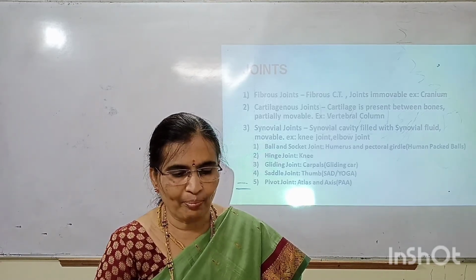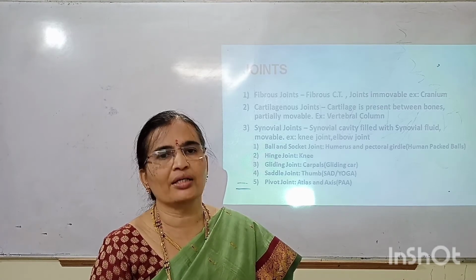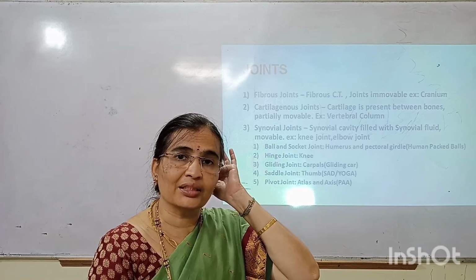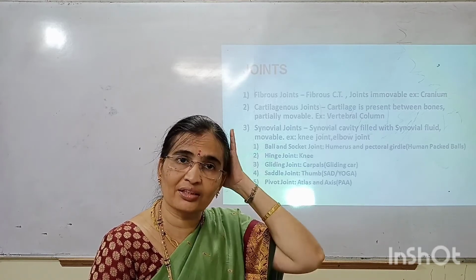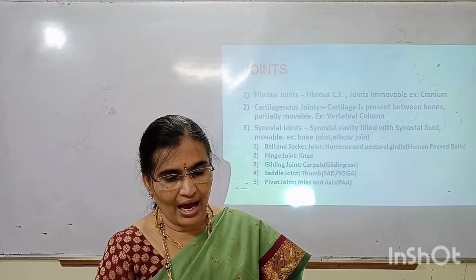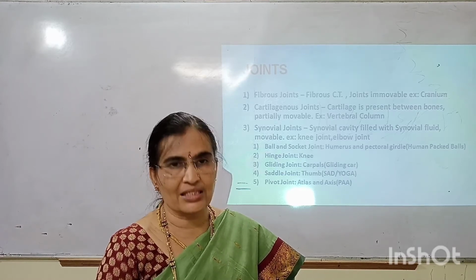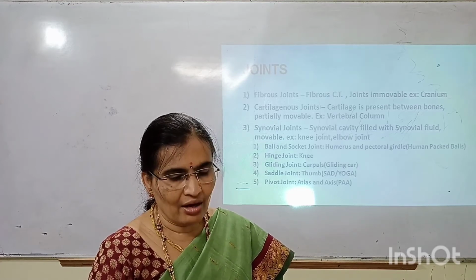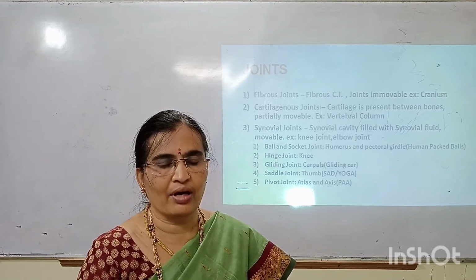Then next, the pivot joint. That is, the first vertebra, C1, the atlas, articulates with the axis, the second vertebra. That is called a pivot joint.